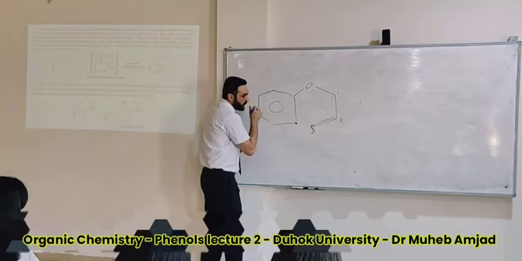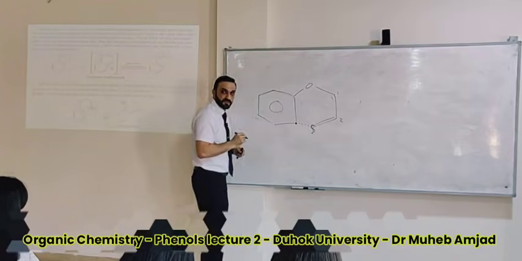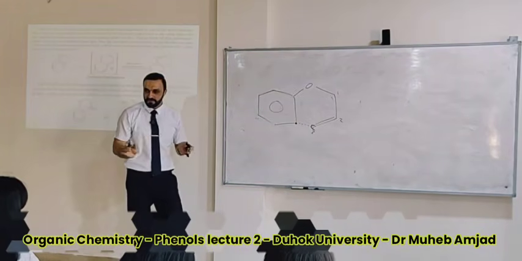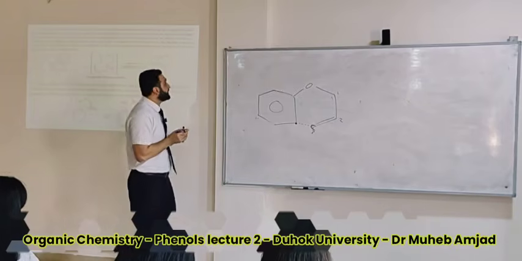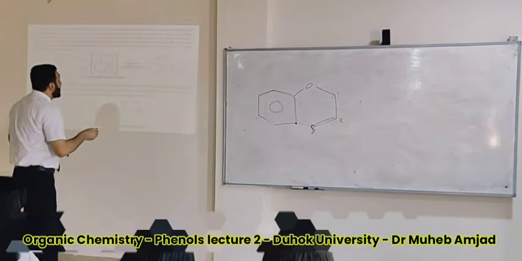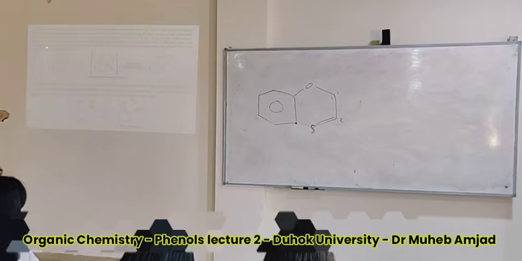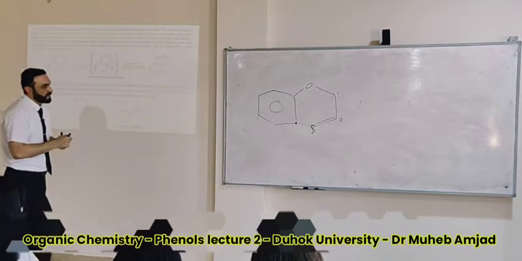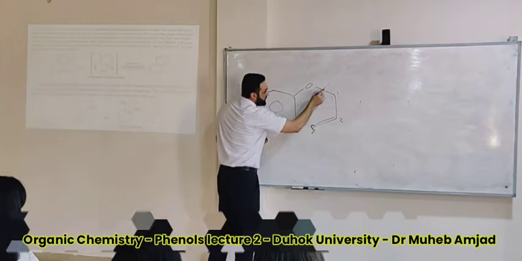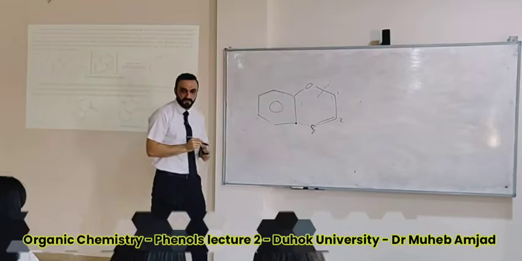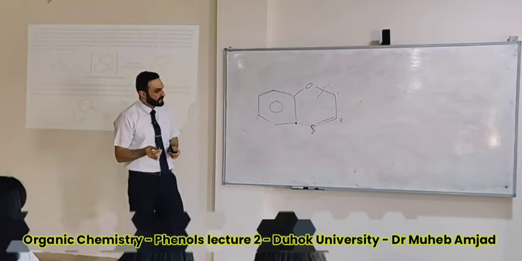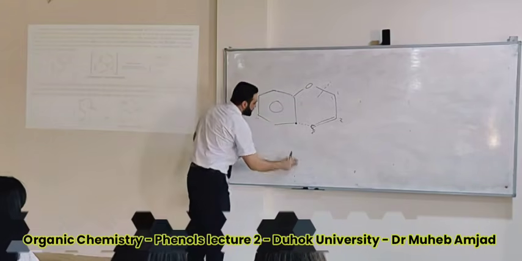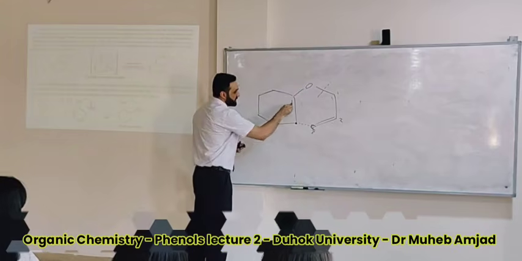Now we have a new bond here. It will be formed. And he said that at the same time, the carbon-oxygen bond of the allyl phenyl ether will break. This is the bond here, it will break down. How will this happen? What we have here is a double bond.